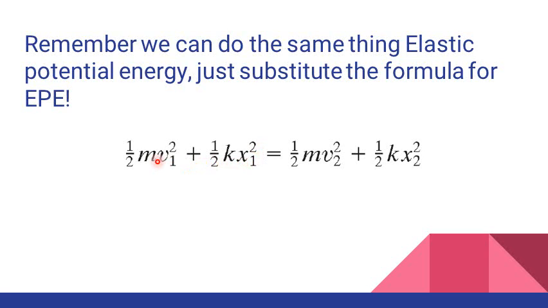Now in this particular formula, they're using 1s and 2s instead of i's and f's, but it's really just the same thing, right? It's just your initial kinetic energy plus your initial elastic potential energy should be equal to your final kinetic energy plus your final elastic potential energy.